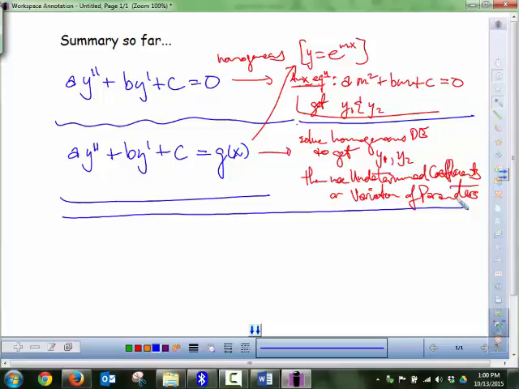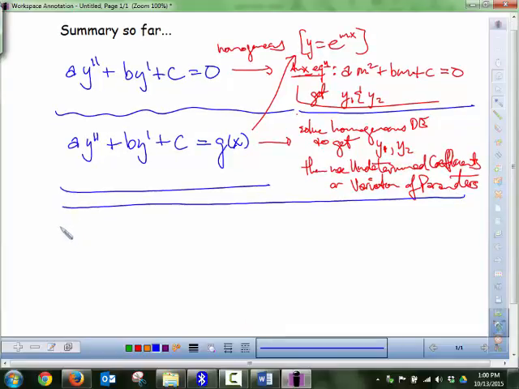And then from there, we introduce the Cauchy-Euler equations. And the Cauchy-Euler equations have matching powers. So we got ax squared y double prime plus bx y prime plus c times y.